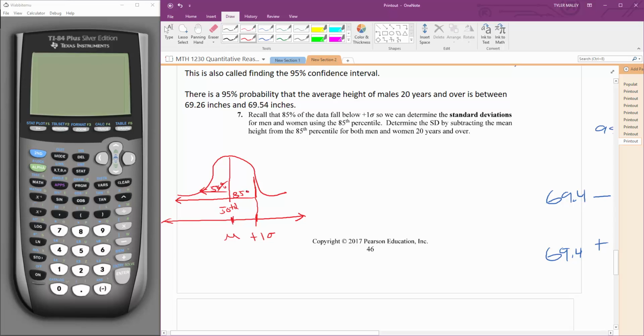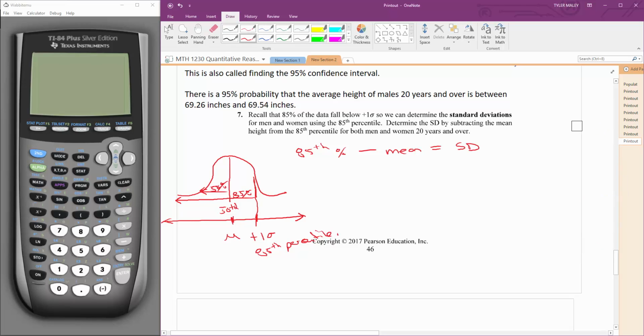We looked at that previously. So this is the 85th percentile. If I take the 85th percentile minus the mean, then we can estimate the standard deviation. So we want to do this for both men and women, 20 years and over.